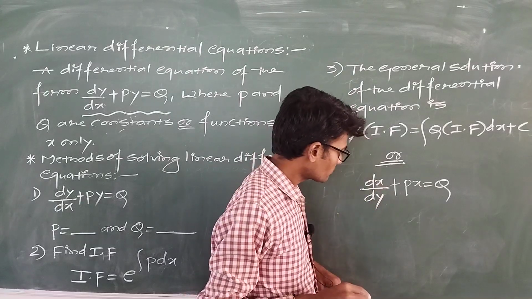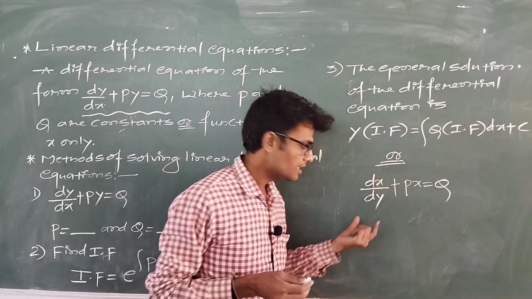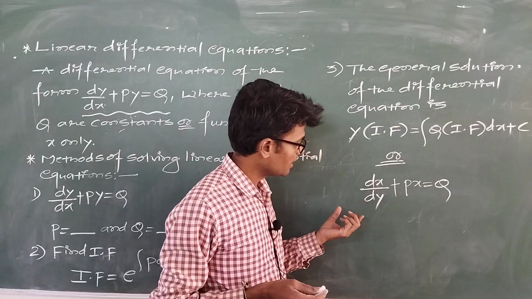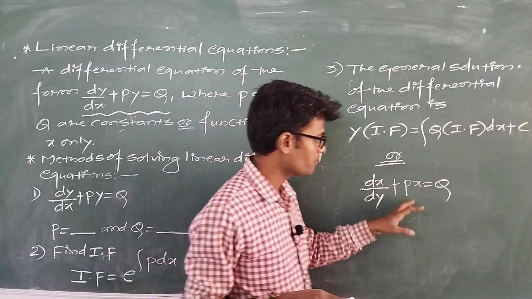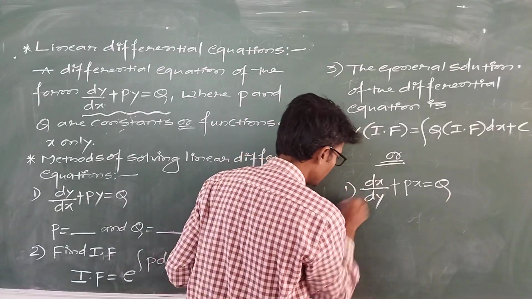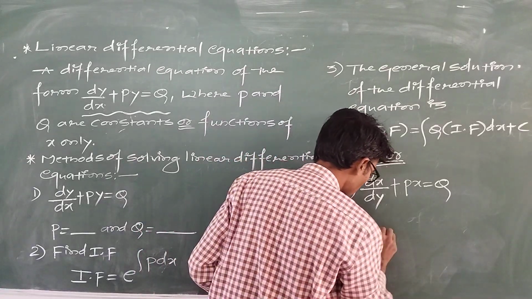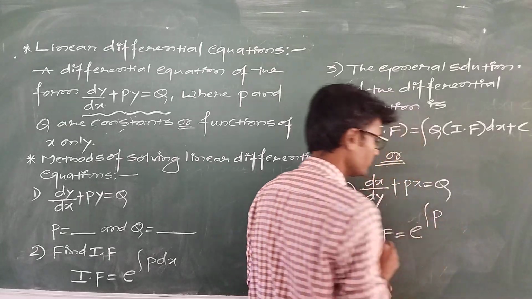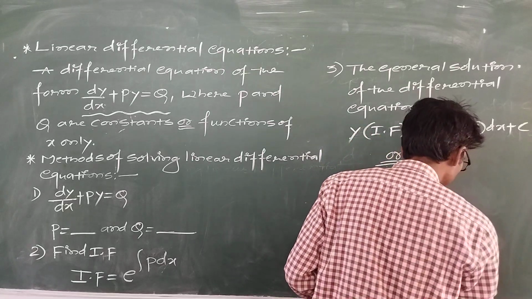Now, the method of solving this linear differential equation. As usual, you write the given differential equation in the form dx divided by dy plus px equal to q. After that, you find the integrating factor: I.F. is equal to e raised to integration of p into dy.